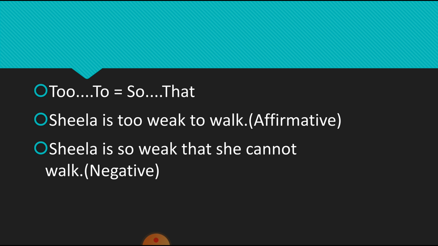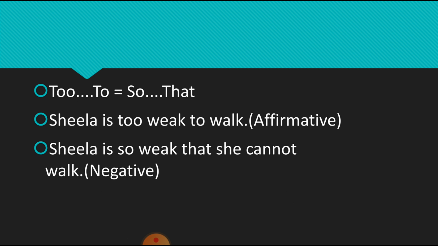Now if too is there, it will become so that. Sheila is too weak to walk. Sheila is so weak that she cannot walk. The meaning should not change. See, when you change from affirmative to negative sentence, the meaning of the sentence should be the same.